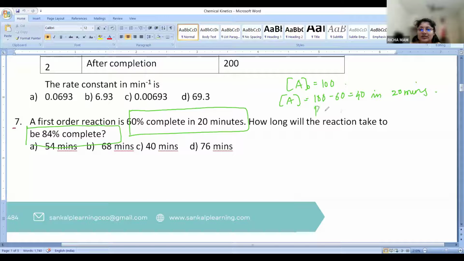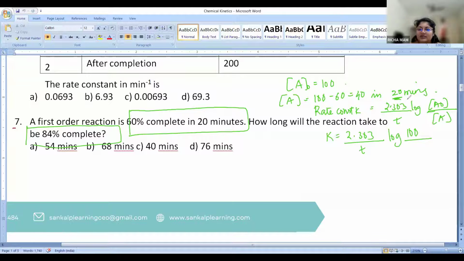So the rate constant K is given by 2.303 by t, log of A₀ by A. So K equals 2.303 by the time taken, 20 minutes for 60% completion, times log of the initial concentration 100 by 40.